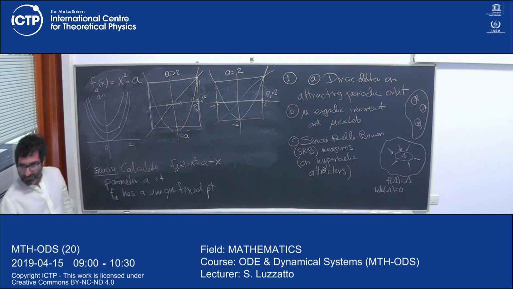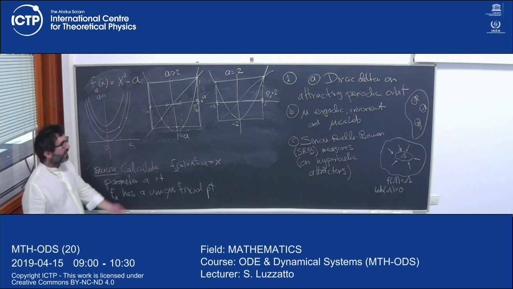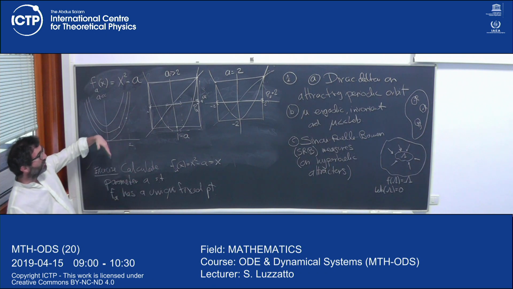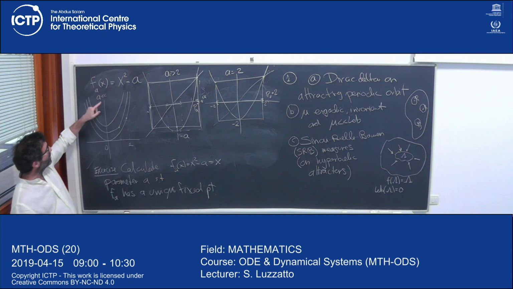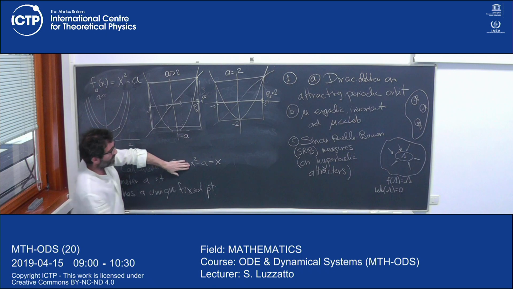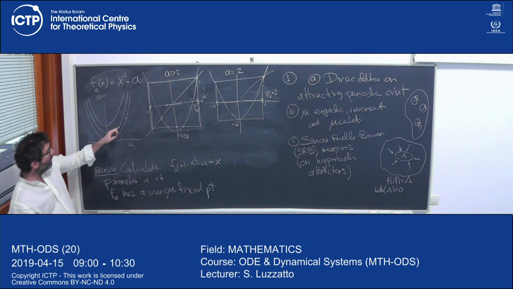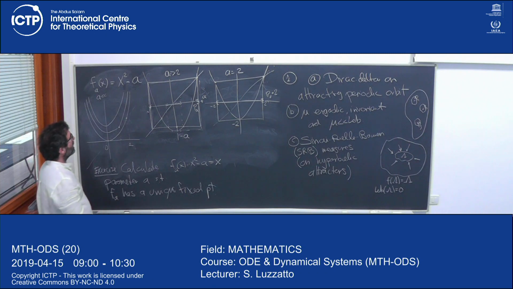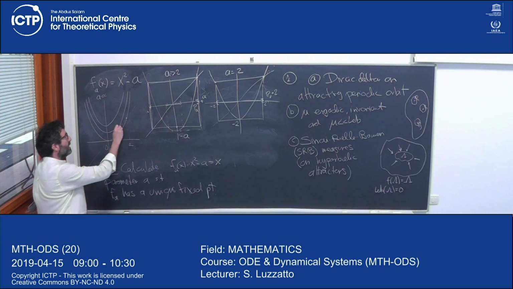With the discriminant, yes, exactly. It's just a quadratic, and in fact you divide the parameter space into 2 regions. For A below this value, you have 0 fixed points, which corresponds to having 0 solutions to this equation, then 1 solution, and then 2 solutions everywhere else. So you can easily calculate this.